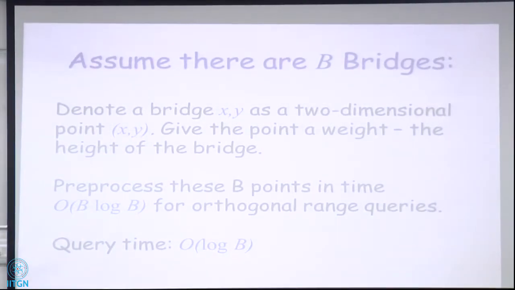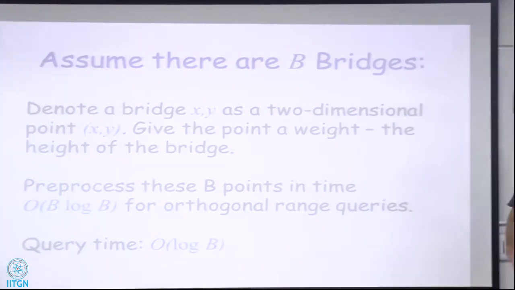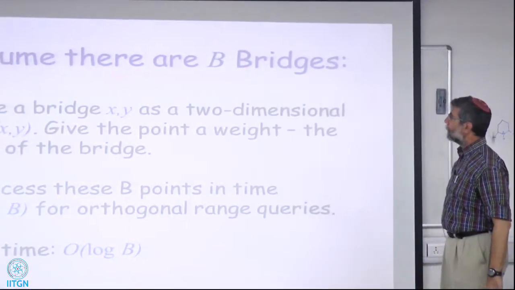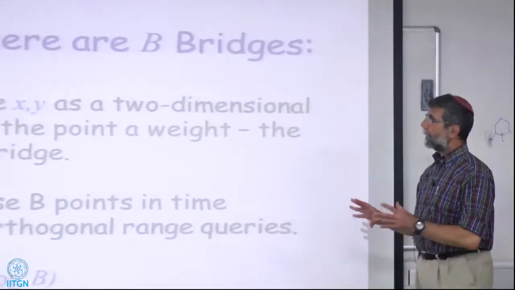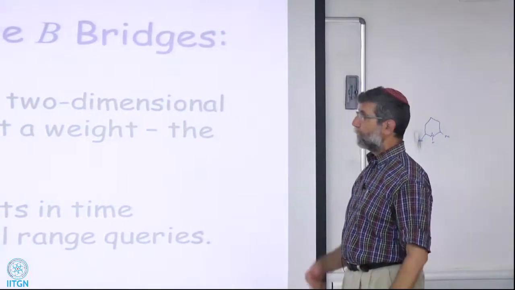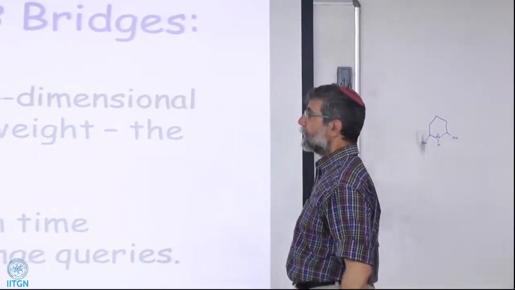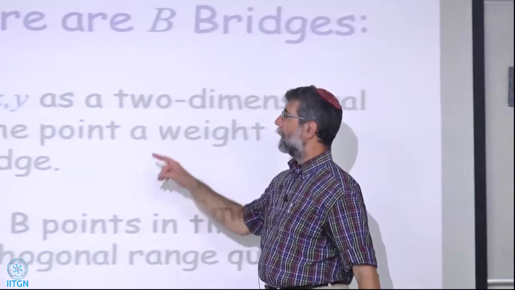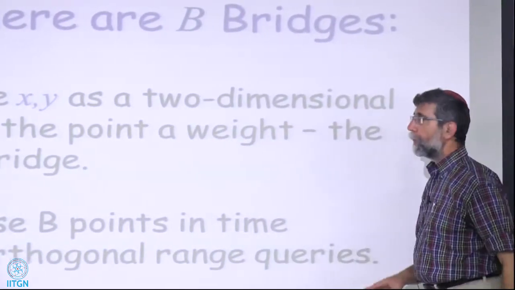Okay, so let's give an algorithm now that assumes that there are B bridges altogether, and then we're going to show what this B is. So B is the number of optimal bridges altogether. Let's denote a bridge xy as a 2-dimensional point.